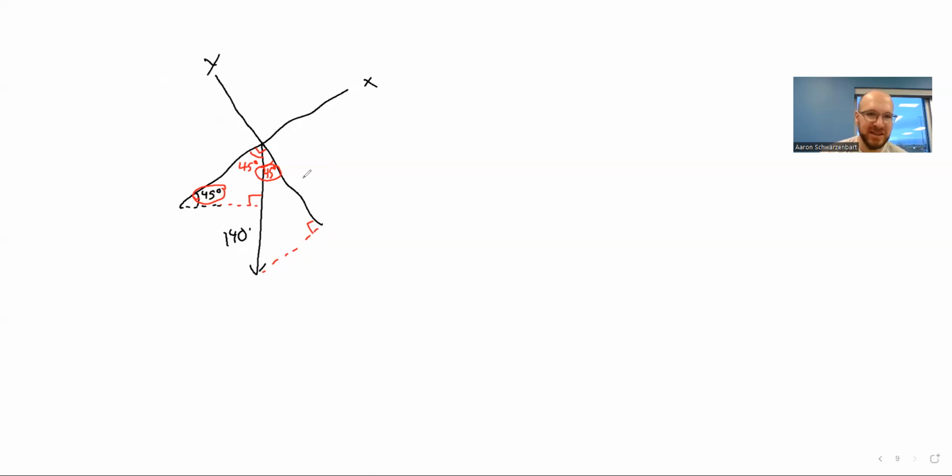How do I get this side? Y, X. The cosine of 45, the angle is what goes in my cosine, is Y over 140.